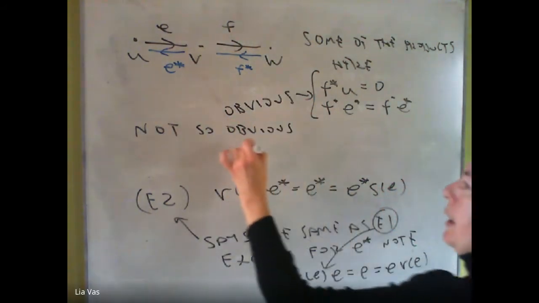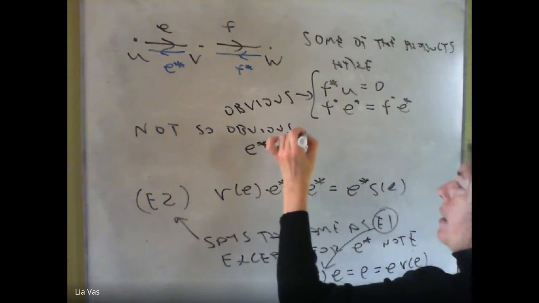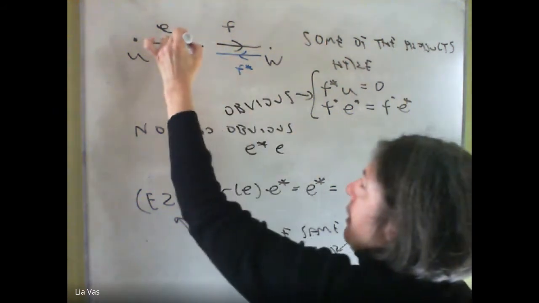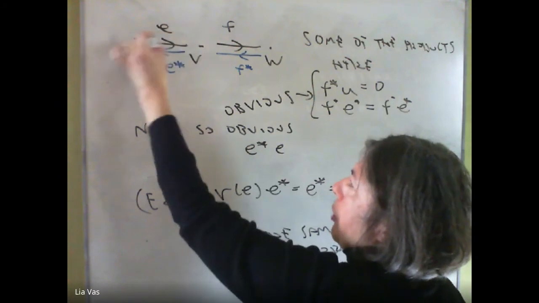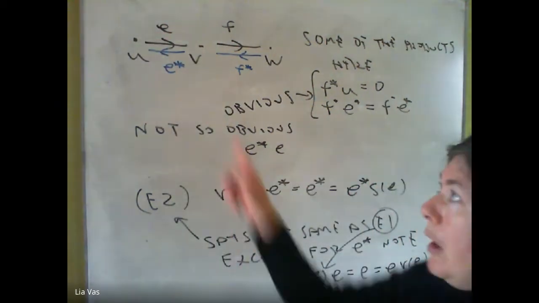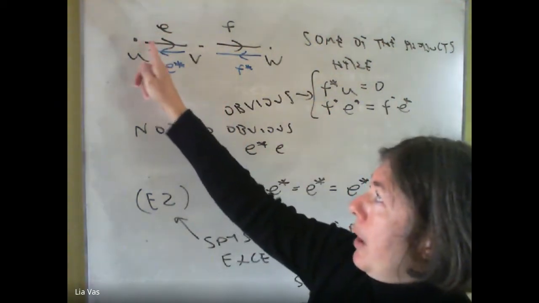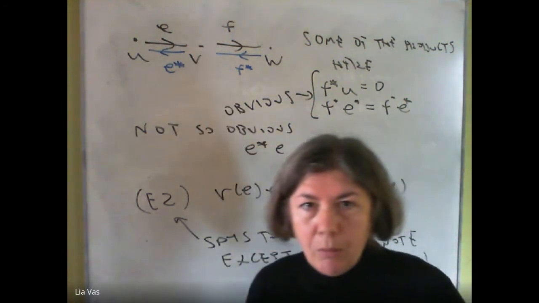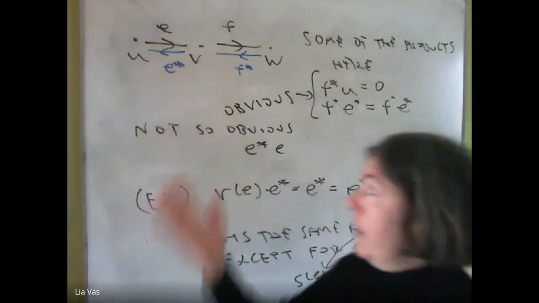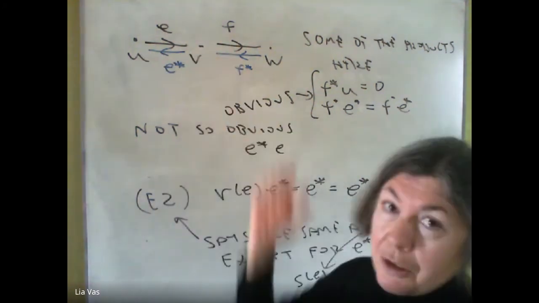Like what would be E star times E? So you see E star and then followed by E. That's composable because this one ends where that one begins. So is it maybe equal to something already on this picture?